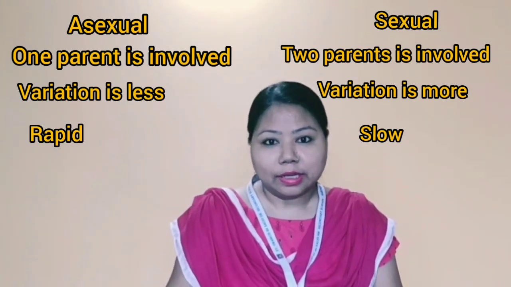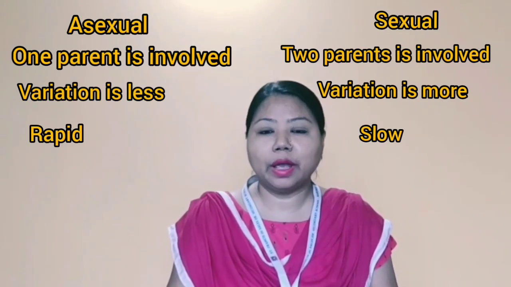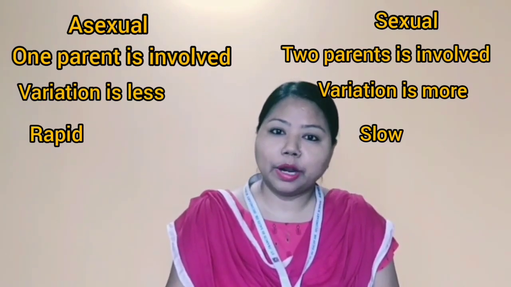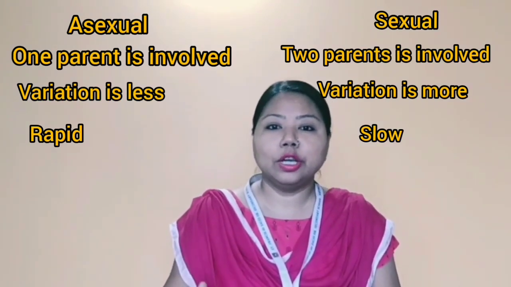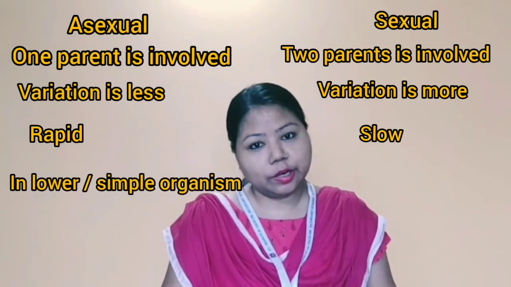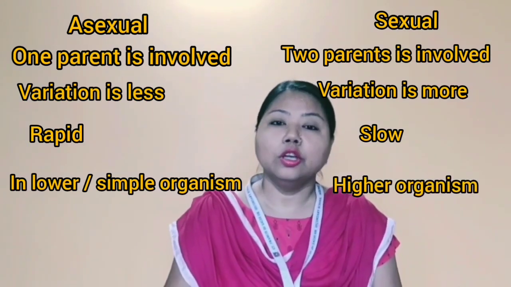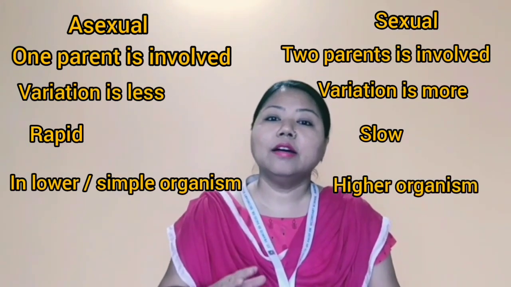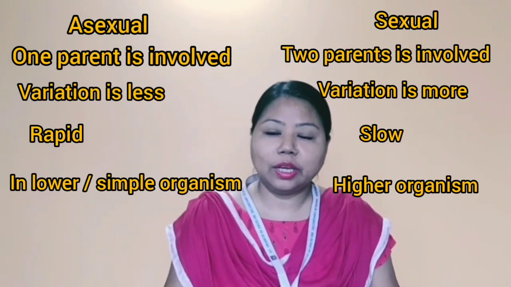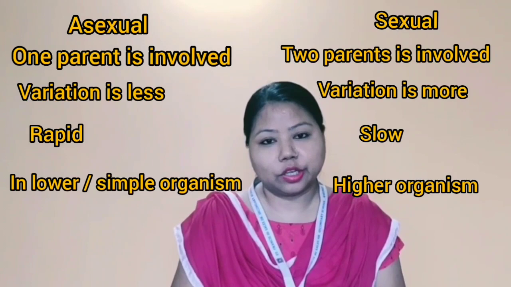Further, if we see the difference between both the types of reproduction, we'll find that asexual reproduction takes place usually in lower organisms, but sexual reproduction takes place in higher and complex organisms. So, these are the differences between asexual and sexual reproduction.